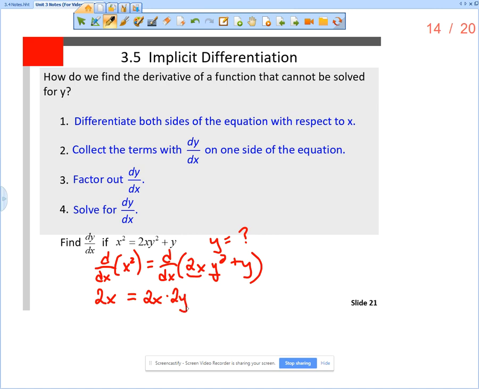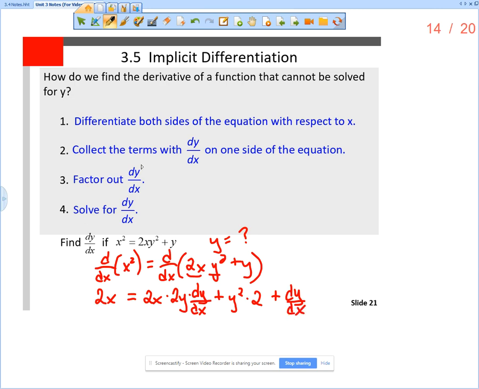It's 2y times, don't forget about the chain rule, dy/dx. That's the first part of the product rule, u v prime, plus the second part, which is y squared times the derivative of 2x with respect to x. That would just be 2. And then plus, this one's really easy, what's the derivative of y with respect to x? It's dy/dx. So that's step one.